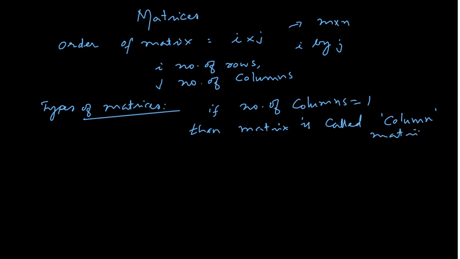Column matrix. So similarly, if the number of rows equal to 1, then it's a row matrix.